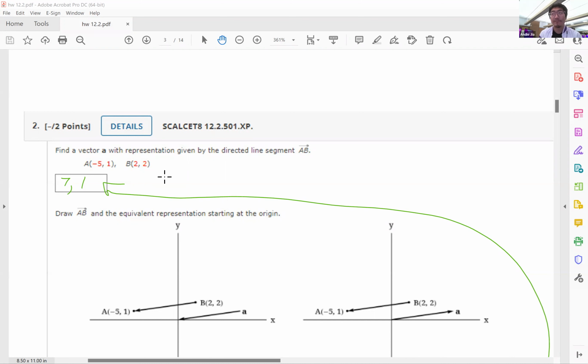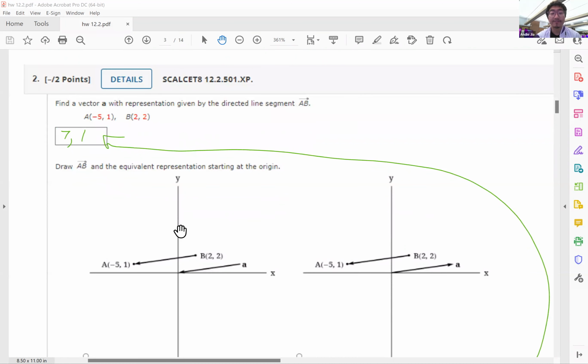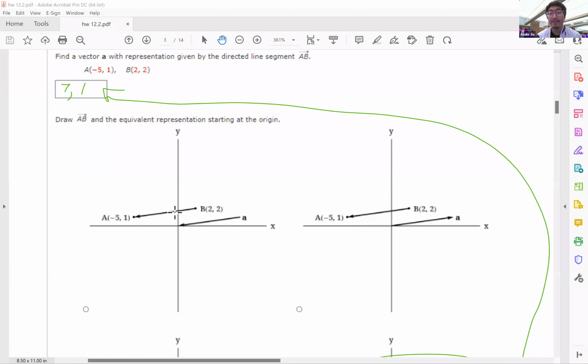The 1 is the y coordinate, and 7, 1 is the new coordinate. And this is going to be a new vector, x to the 7, y to the 1, starting from the origin. So the first one, upper right, the upper left, it is incorrect.